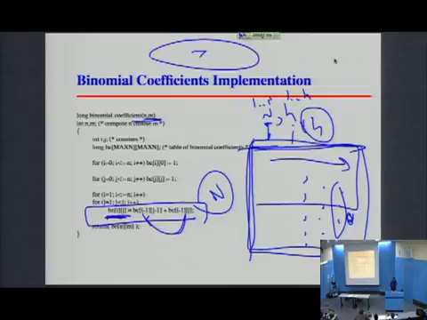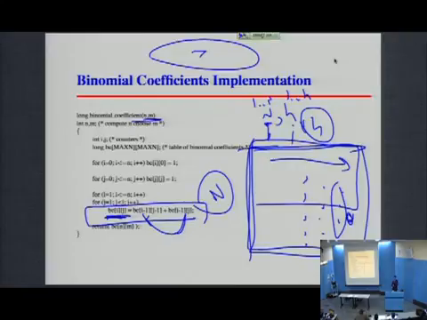So how do you analyze a dynamic programming algorithm? It's the number of array cells you're filling in times the cost to fill in a particular cell. Here we have n times k cells we're filling in, or maybe n squared cells, each of which takes constant time. This is an n squared algorithm. Any questions about that?